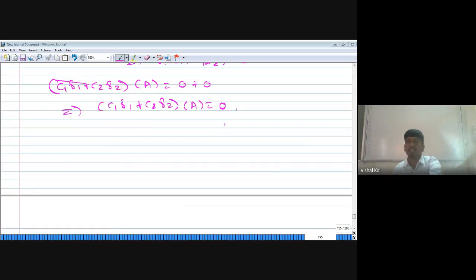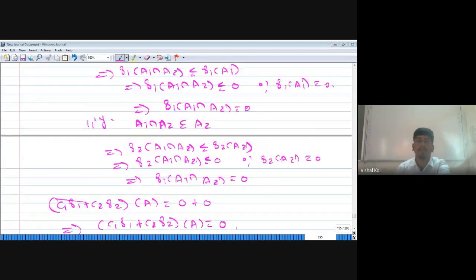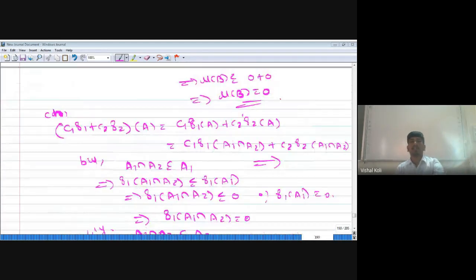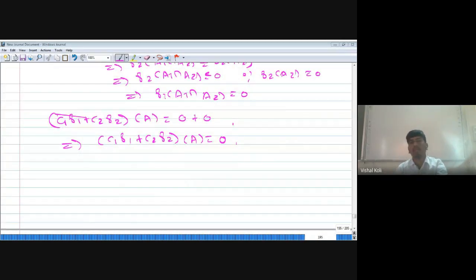So here we get two measures: the measure C1 gamma 1 plus C2 gamma 2 on the set A is equal to 0, and the second measure, mu of B, is also 0. That is, mu of B equals 0 and C1 gamma 1 plus C2 gamma 2 of A equals 0.